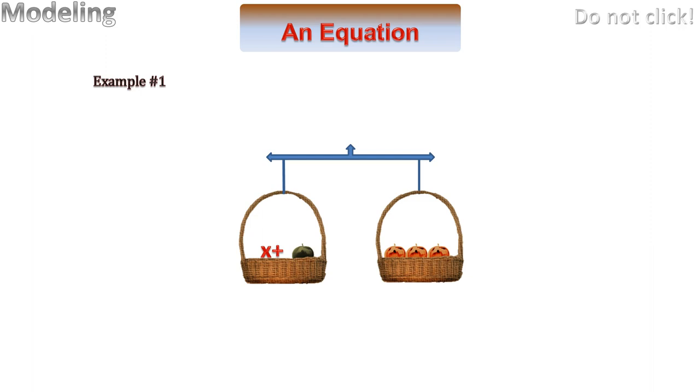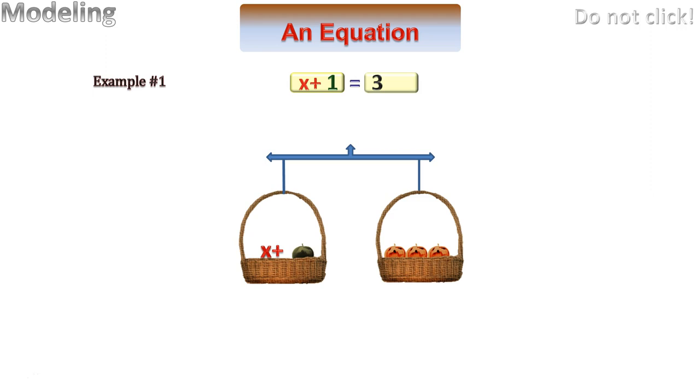So now we have an equation: x and positive 1 is positive 3, or just 3. So here we have x and positive 1, this is our expression, and 3 is our expression, and these two expressions we combine using the sign equal. This is what we would call an equation.